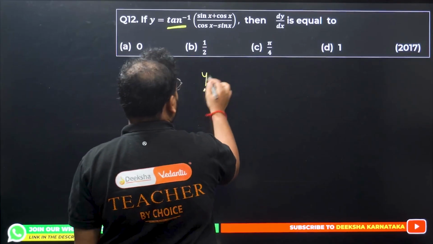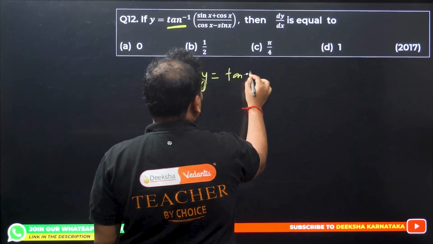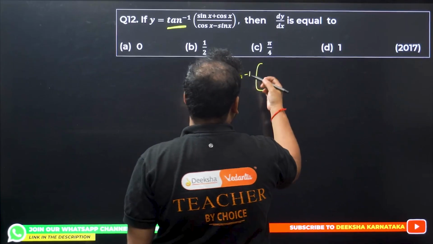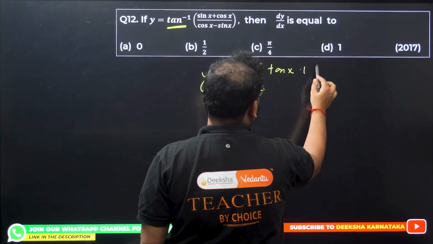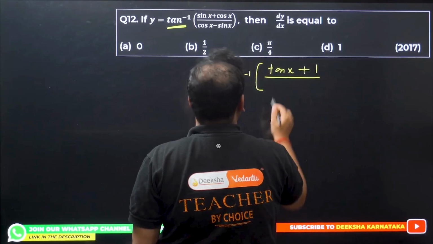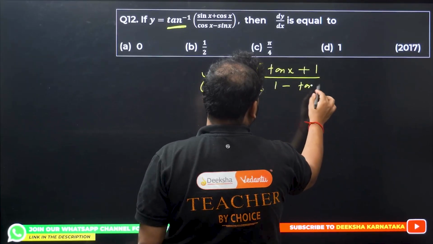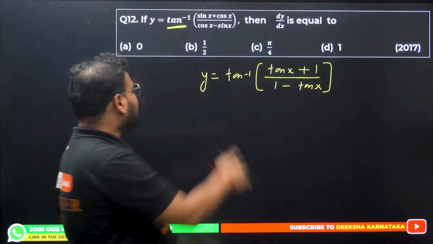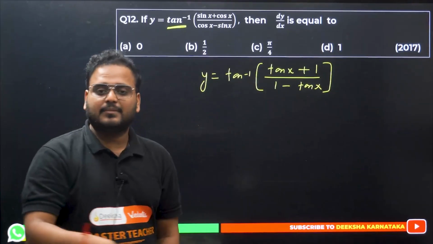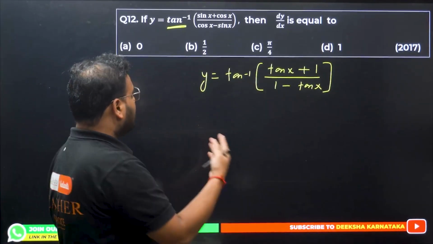Divide everything by cos. We get tan inverse of (tan x plus 1) over (1 minus tan x). Sin by cos is tan, cos by cos is 1.